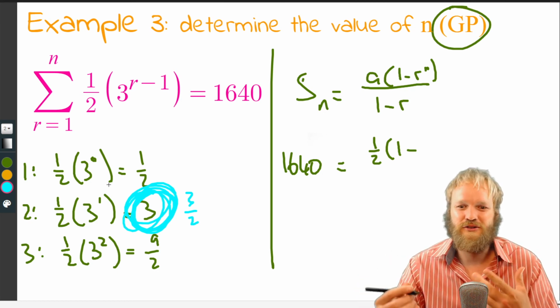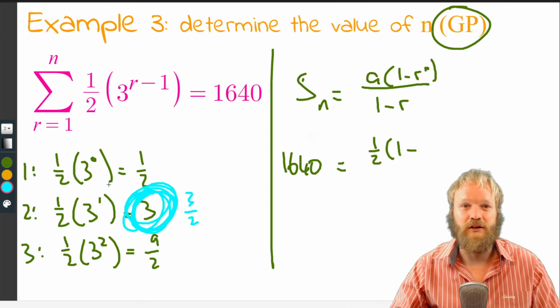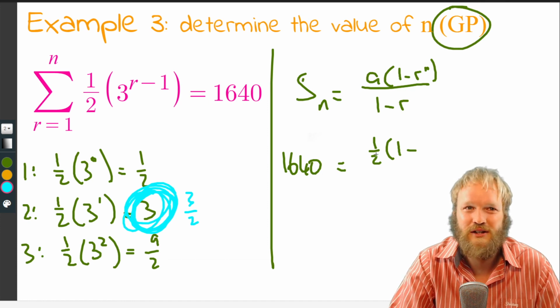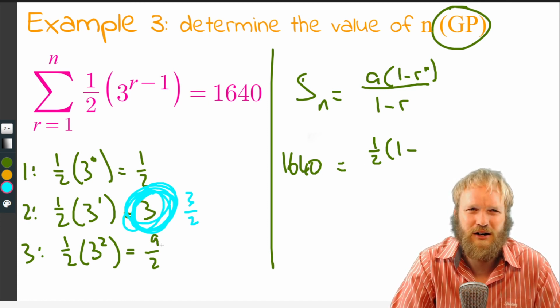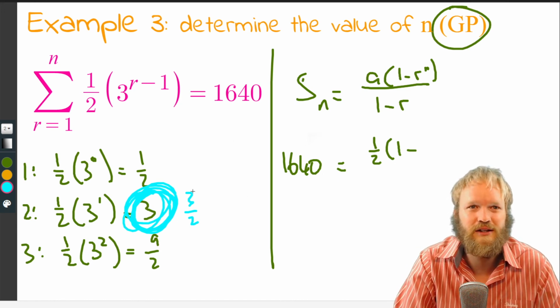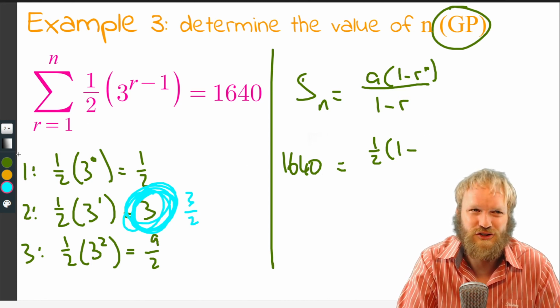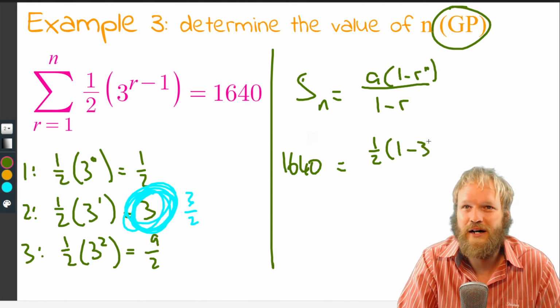So I don't want to go, oh, let me restart the recording. These are genuine errors that are easy to make, but hey, thank goodness I caught it here because I thought 3 divided by a half is not the same as 9 over 2 divided by 3. So we can catch them. I think that's quite cool. Okay, so r is actually 3. Kind of matches with that 3 over there. So 1 minus 3 to the n over 1 minus 3.